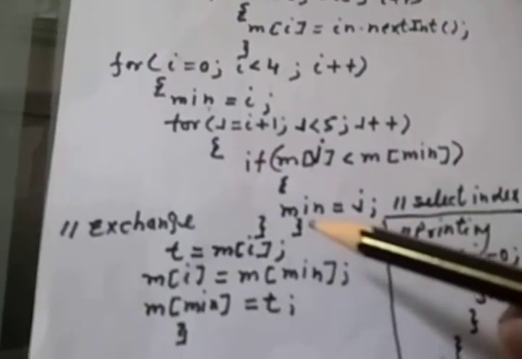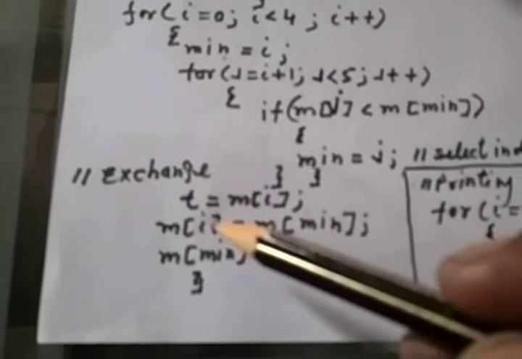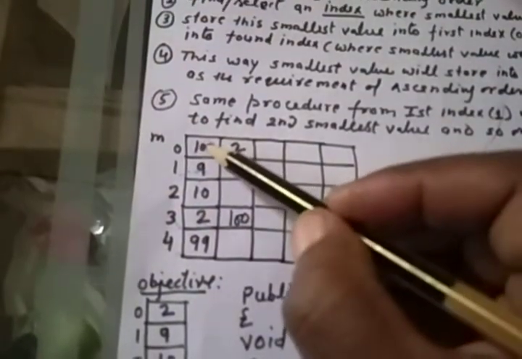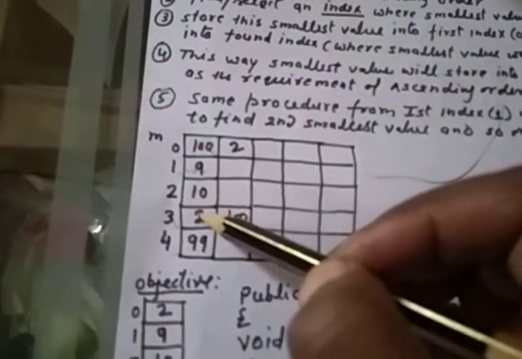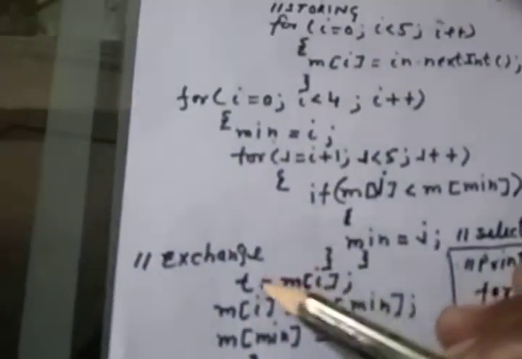Then, the same as we did in bubble sorting, t equal to m[min]. Now 2 has to be stored here and 100 has to be stored here. So 100 will be stored in a temporary variable: t equal to m[0], so in t, 100 will be stored.